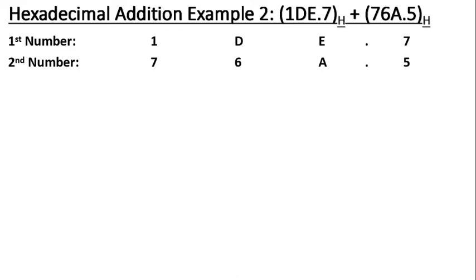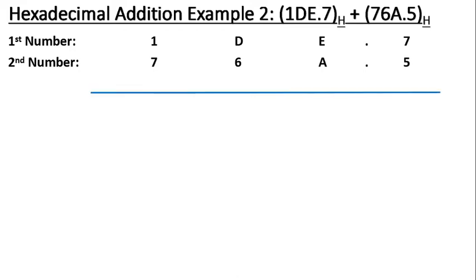To the left of the hexadecimal point there are 3 significant digits, and to the right only 1 digit. After alignment of the hexadecimal point, both numbers are written with sufficient space because I want to show the intermediate steps in this hexadecimal addition.